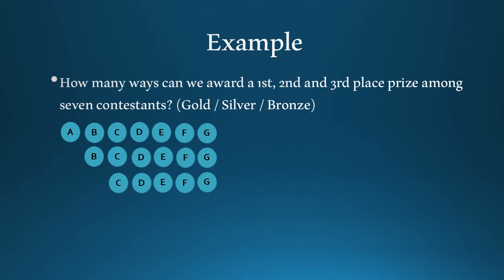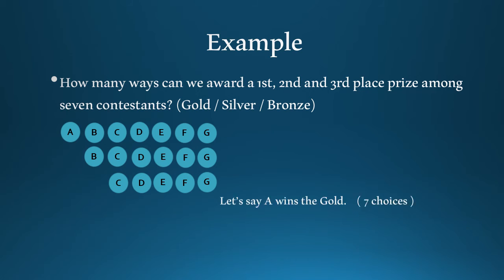How many ways can we award a first, second, third place prize among 7 contestants? So the awards are gold, silver, and bronze. So we have 7 contestants and we need to award them. So for the first award, we have 7 choices.